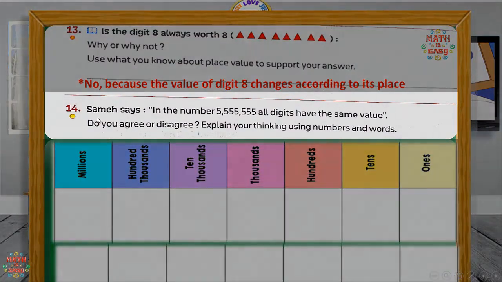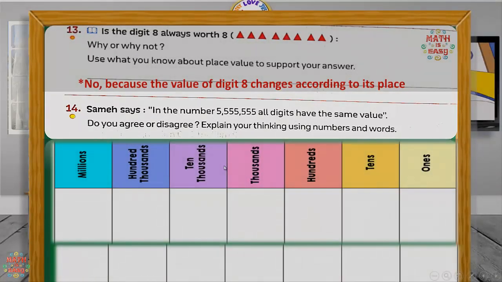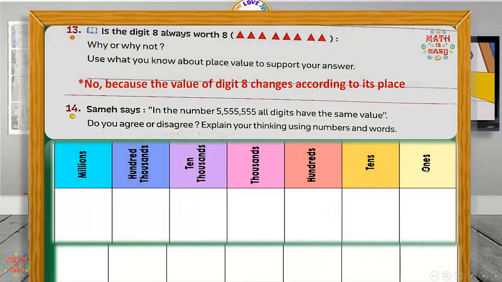14. Samah says in the number 5,555,555 all digits have the same value. Do you agree or disagree? Samah said they are equal, but you should say your own opinion. We have here a place value chart, and we will put 5 in all places.